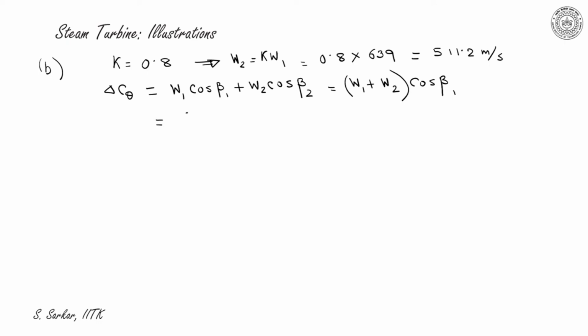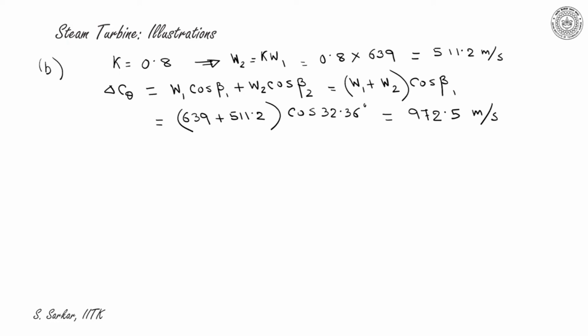So 639 plus 511.2 into cos of 32.36 degrees. If you do the calculation, you will get 972.5 meter per second. Thus, I have evaluated del C theta considering friction.